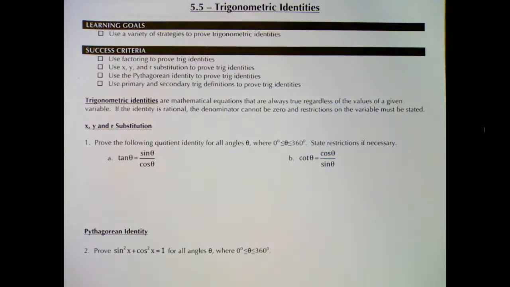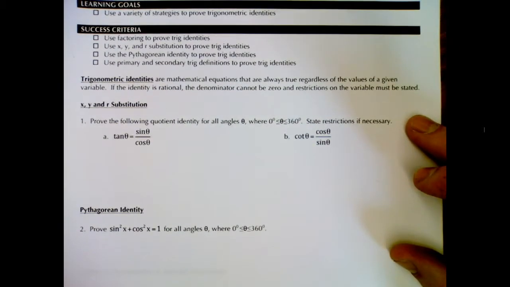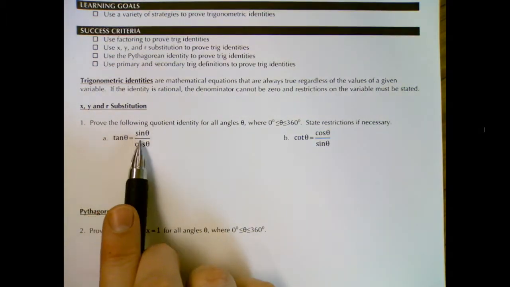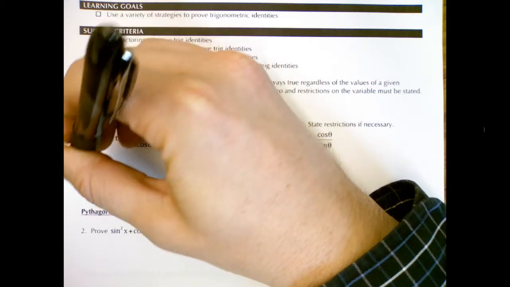To set up a proof for an identity, we're going to use a format called a left side, right side. And this is a format for proving an identity that we're definitely going to take advantage of in high school. We break our identity up into a left side and a right side. So we're going to say left side, and what's on the left side?